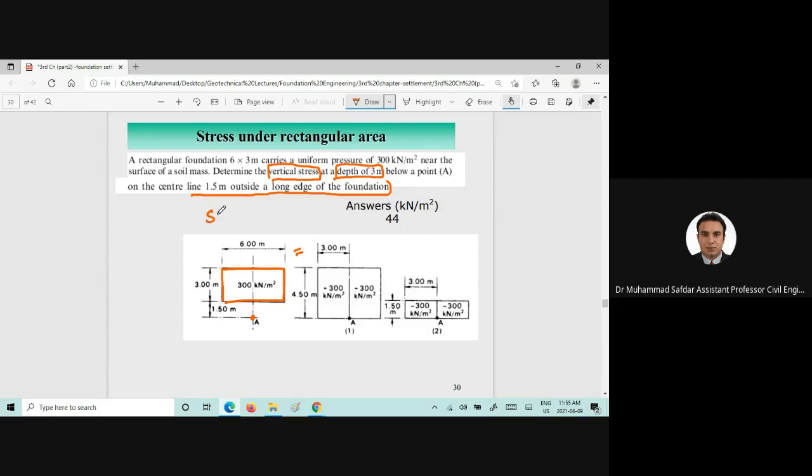The stress increase, delta sigma, for this rectangular footing would be A equal to B minus C. So we need to subtract the stress increase we got from this portion. It's kind of a superposition.